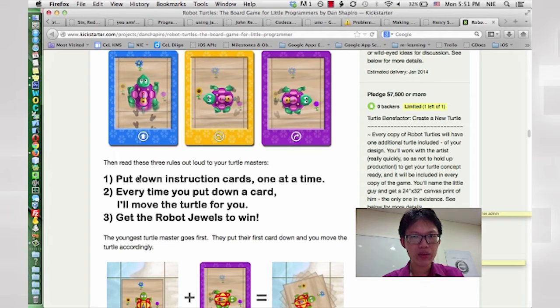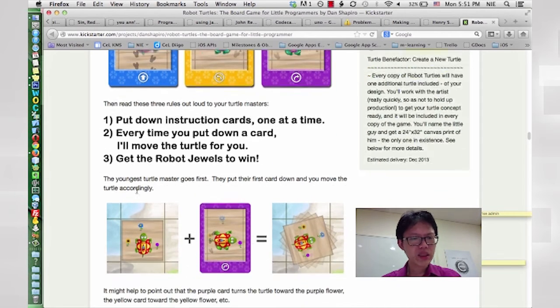An adult, a game master or whoever plays with the children, and all you need to do is tell the children, give me your instruction cards one at a time. Every time you put down a card, I move the turtle for you and get the robot jewel to win. The thing is that a jewel in modern programming parlance simply means the state, the thing that you want to achieve.